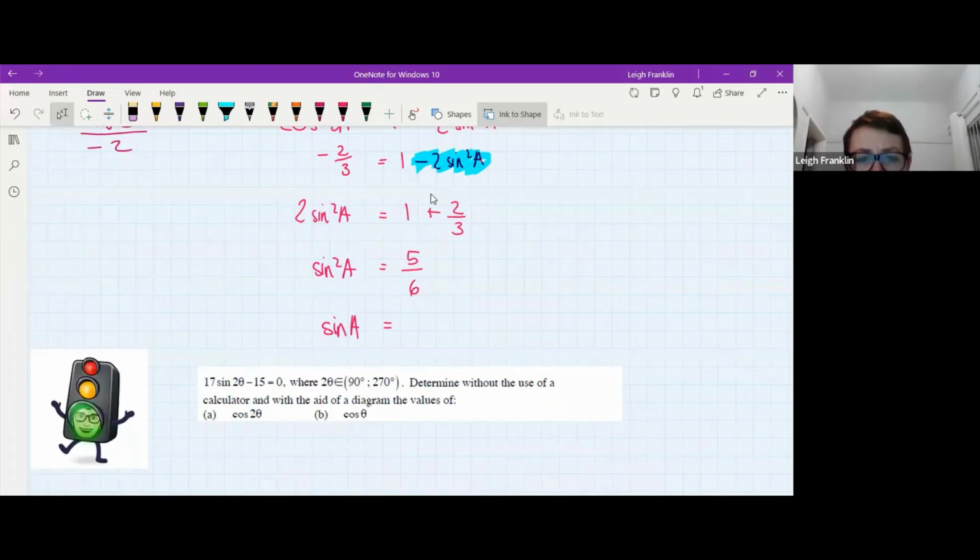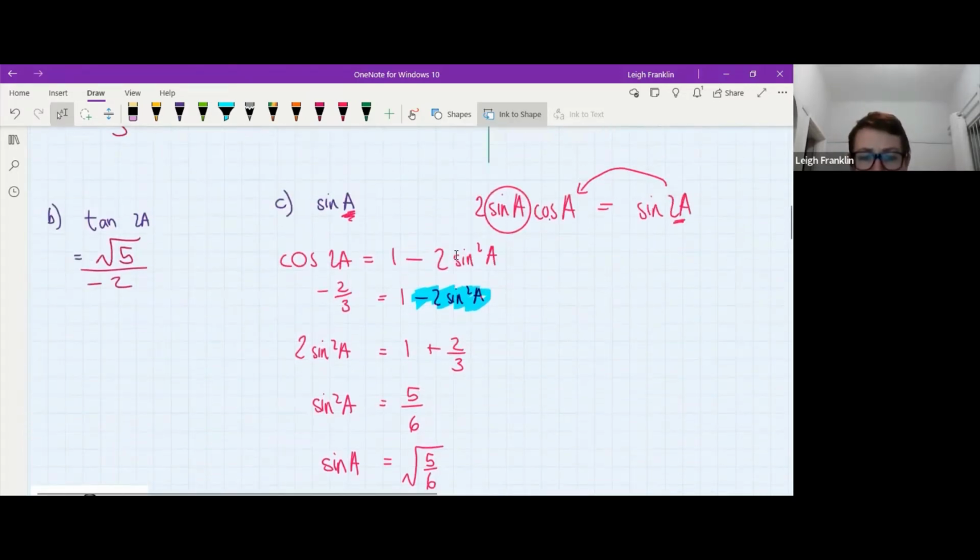So we are going to accept positive root 5 over 6 as our answer. I think I might have left some of you behind in terms of how we got to this answer. How does this feel? Does this make sense to you?